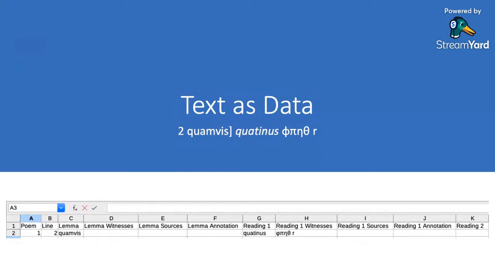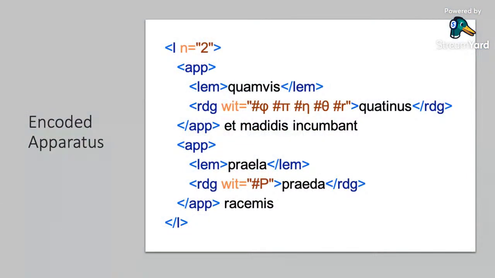I think Katie Faulkner spoke about this in her presentation a couple of years ago, translating apparatus criticus data into tabular format so that it can then be iterated over and processed by a script using, say, Python or some other application to facilitate the encoding of the Latin critical edition. You can use this kind of tabular data and a plain text file of the text to create the XML encoding. Of course, it can also be done manually.